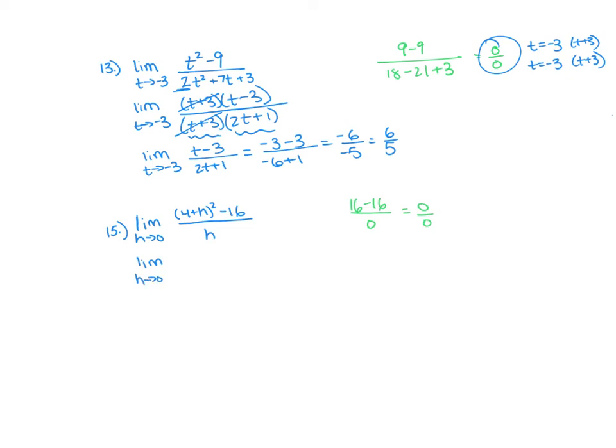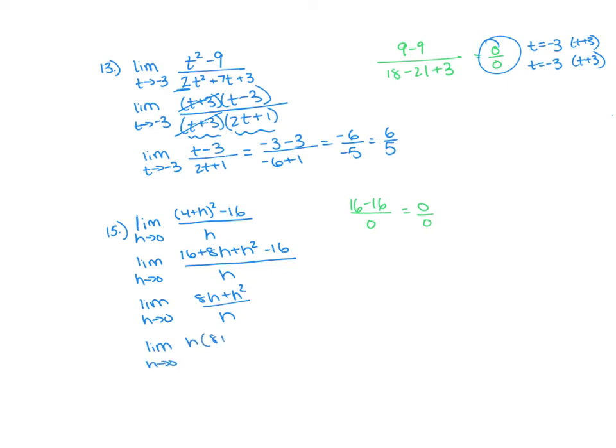We're going to FOIL the top. Okay, so the 16 minus 16, I can see that reduces right away. So remember, our goal with these problems is to simplify. Simplify, simplify. So I'm looking to see if there are things that I can clear out of here.